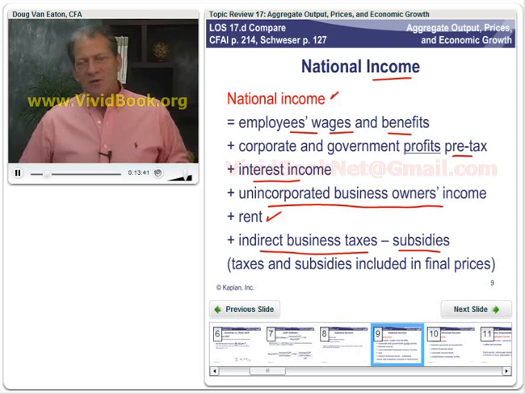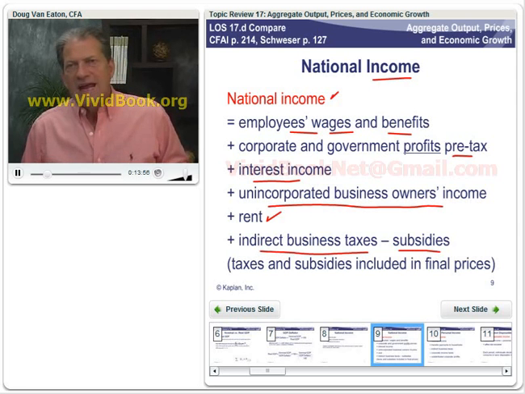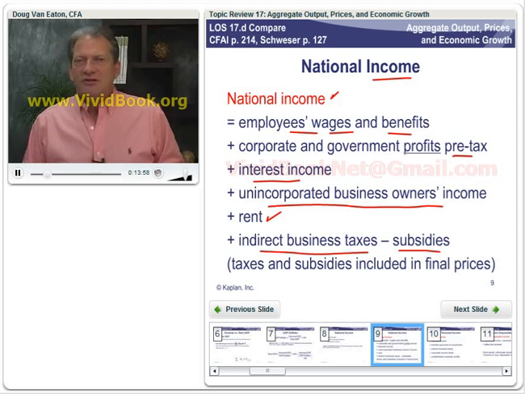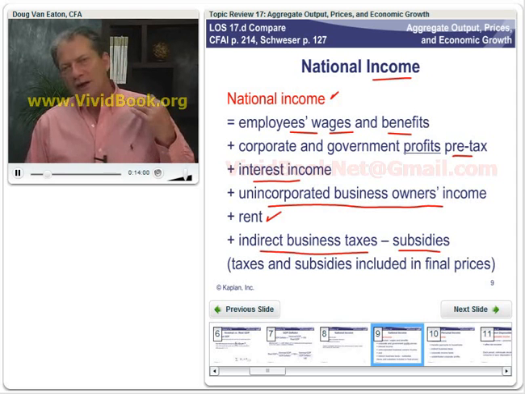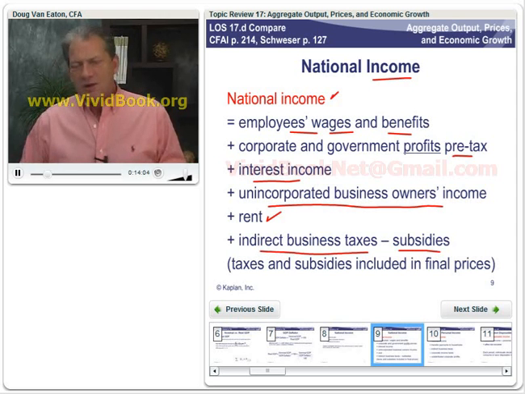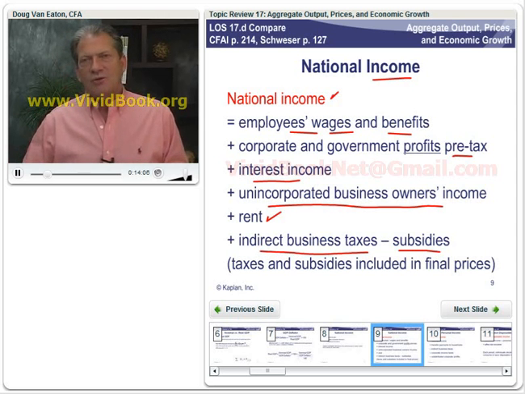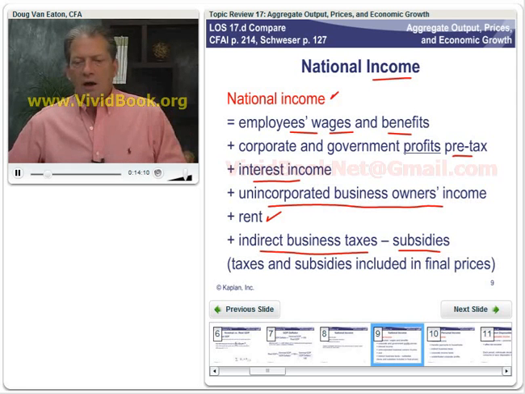Now, indirect business taxes, as opposed to an income tax, are things like a sales tax or a value-added tax or something like that. So we want to add those taxes on, their income to government, and subsidies are expenditures by government. So if the final price includes a subsidy, we want to reduce it by that, because that was already counted in tax revenue that's being used to subsidize the production of some goods.